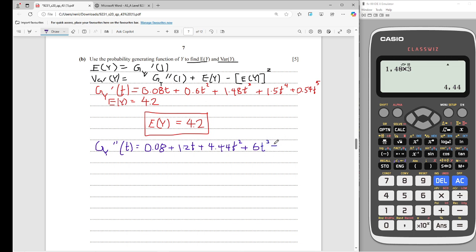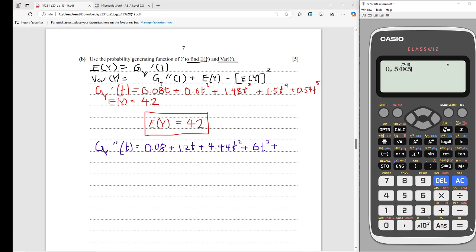And finally we have 0.54 times 5, which is equal to 2.7 t to the power 4.